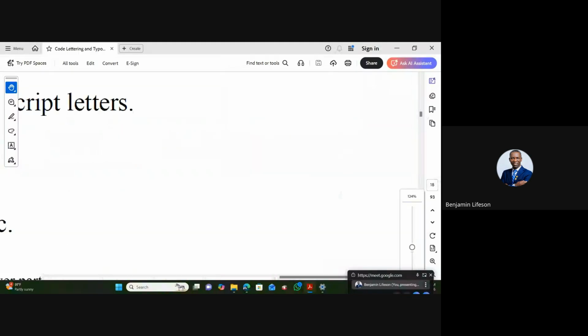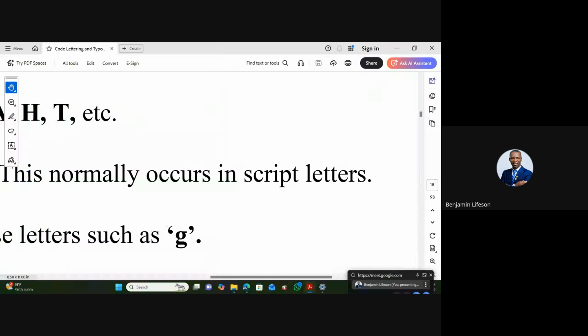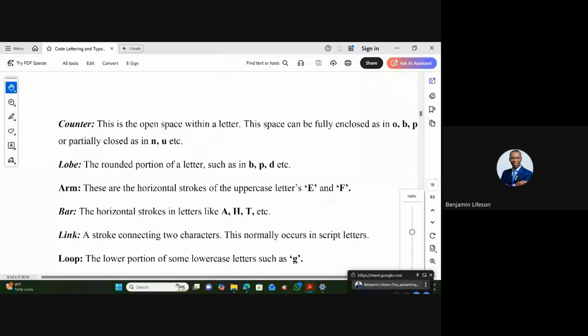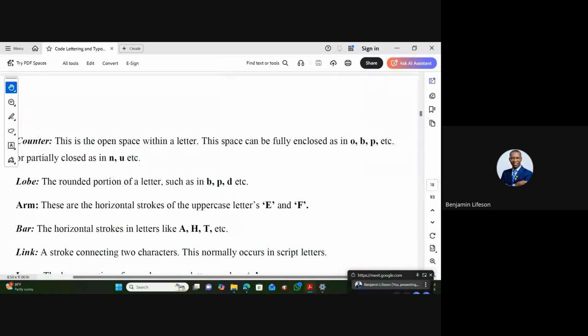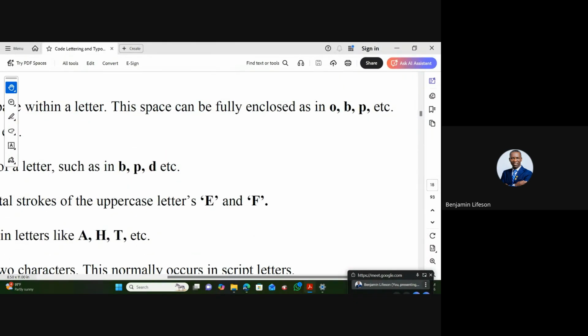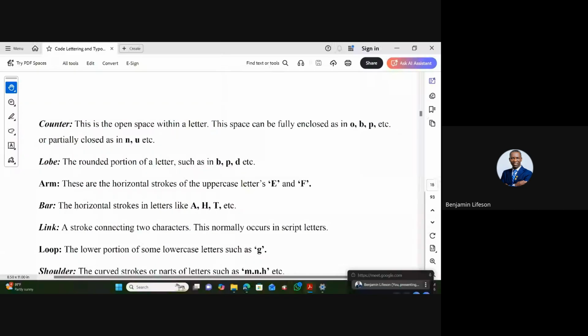If you look at the O, the P, and the B, the enclosed space is known as the counter. We also have the U and the N. The open space is also known as the counter.